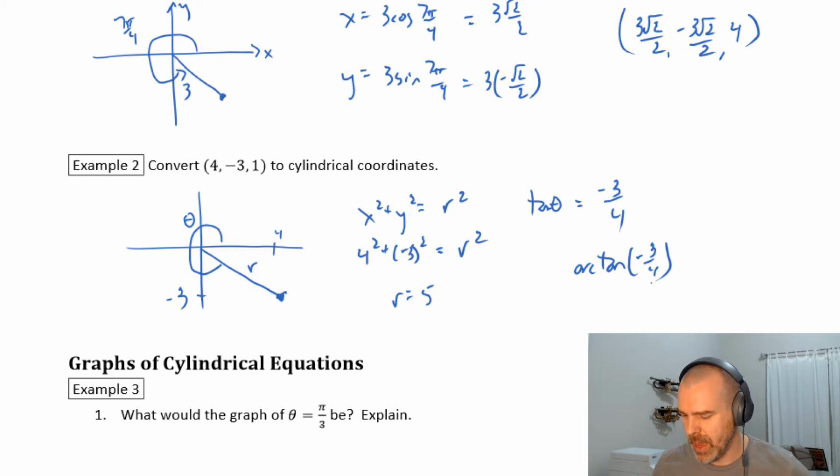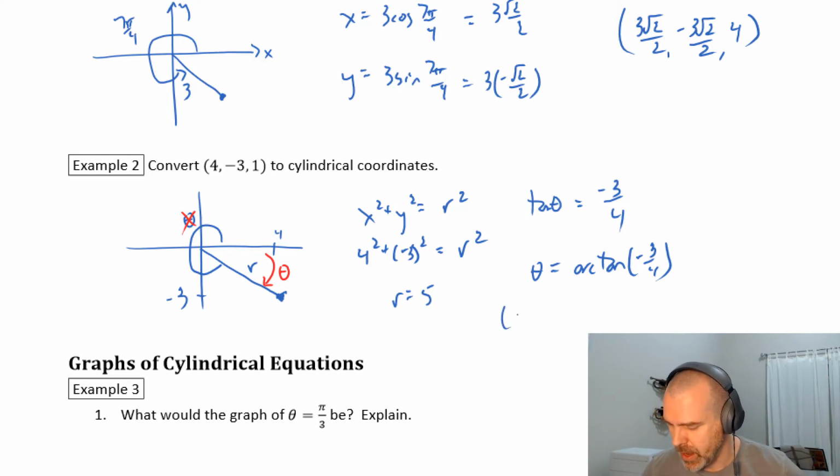And so that should be fine here. It'll give us a negative angle, which is fine. Theta does not need to be positive, and there are multiple coterminal angles that will give you that. So in cylindrical coordinates, this would be 5, arctangent of negative 3/4, and then 1 is still the z.